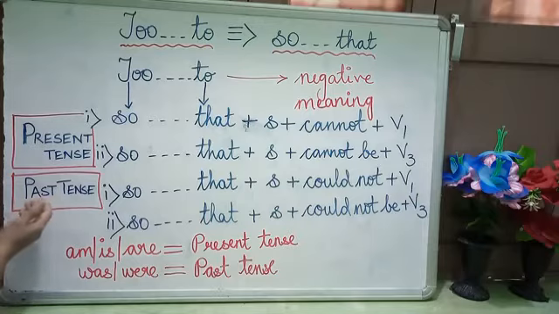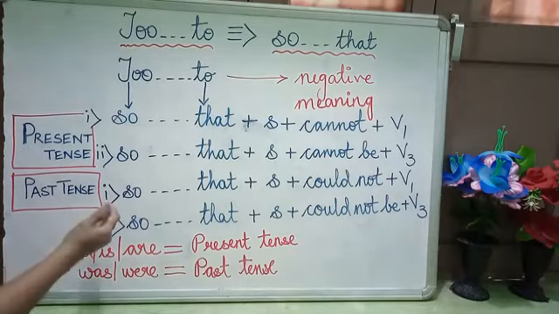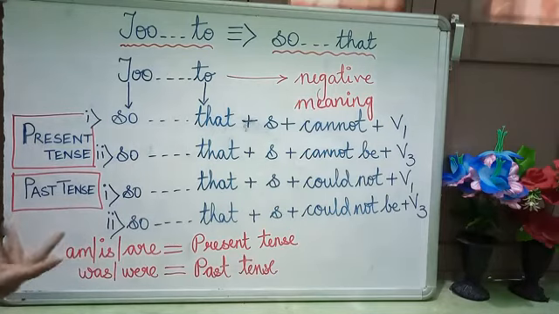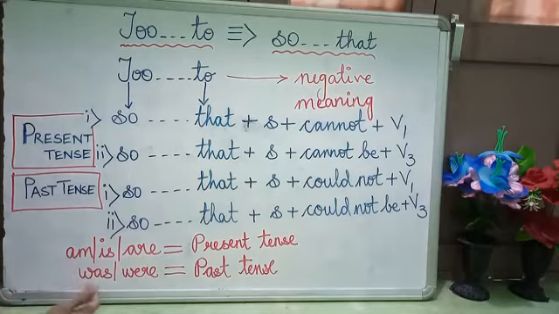Similarly, for the past tense you will use, okay, past tense. How will you find out the sentence is in past tense? If there are verbs like was and were in the sentence, you will think that the sentence is in past tense.